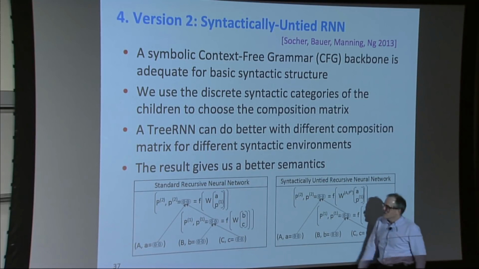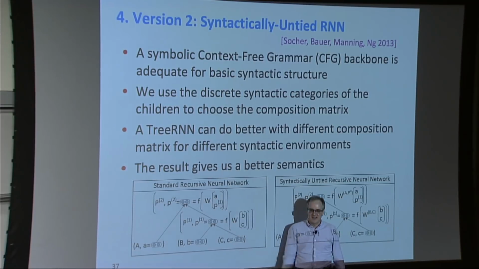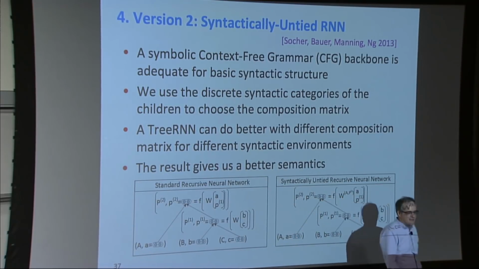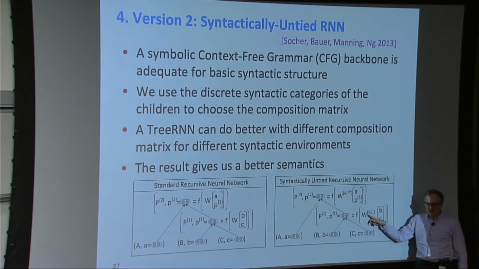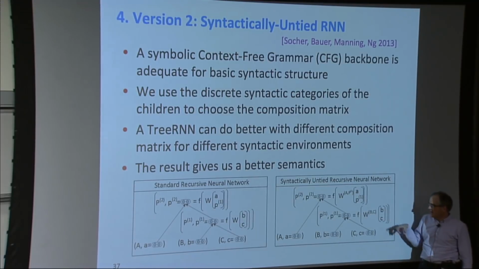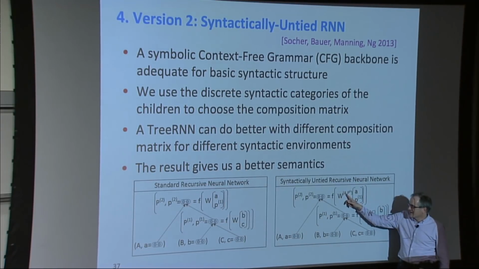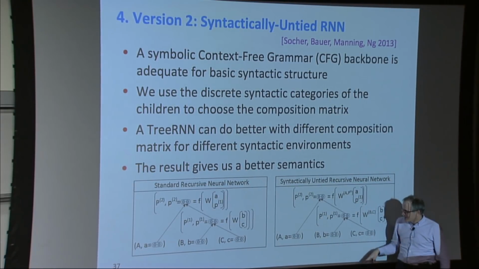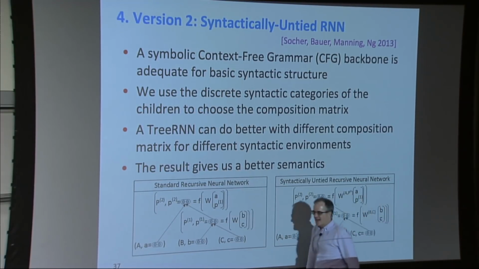So rather than where before there was just this one universal weight matrix which was meant to do all meaning composition, here we can have the weight matrix for combining together the meanings of an adjective and a noun, and it will compute the meaning of this constituent. But then we'll have a different weight matrix for combining together the meanings of a determiner and a noun phrase or something like that.